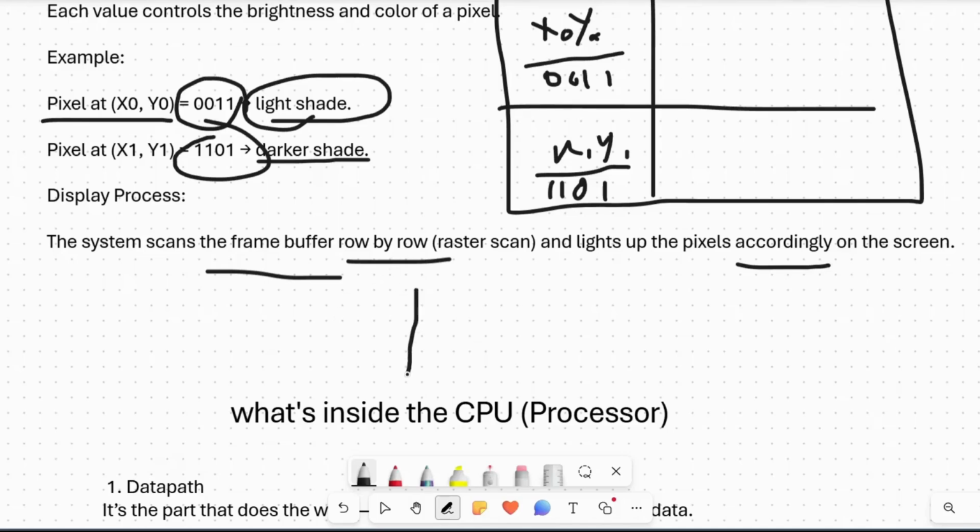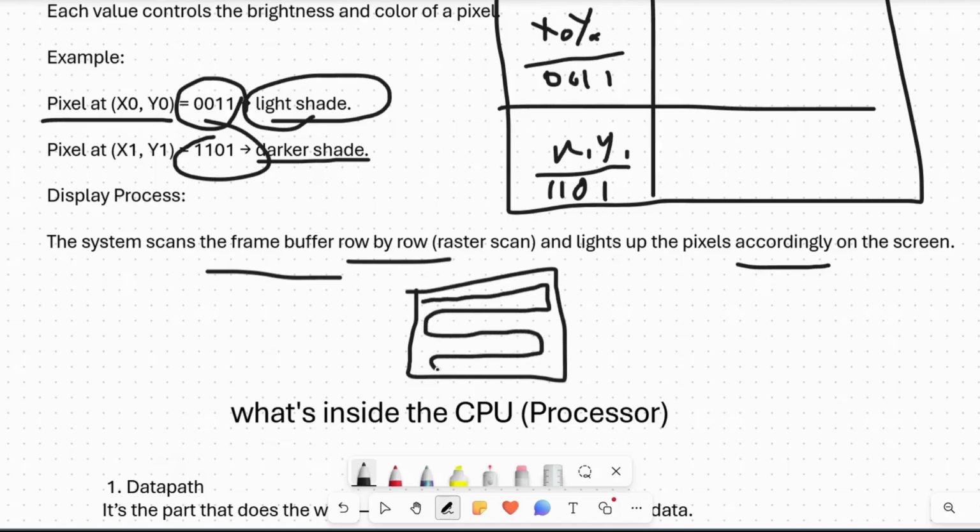So how does it scan? For example, this is our display. It scans like this, starting from here, then going across, and finally ending here. This is the line of how it scans, and it scans the whole display.